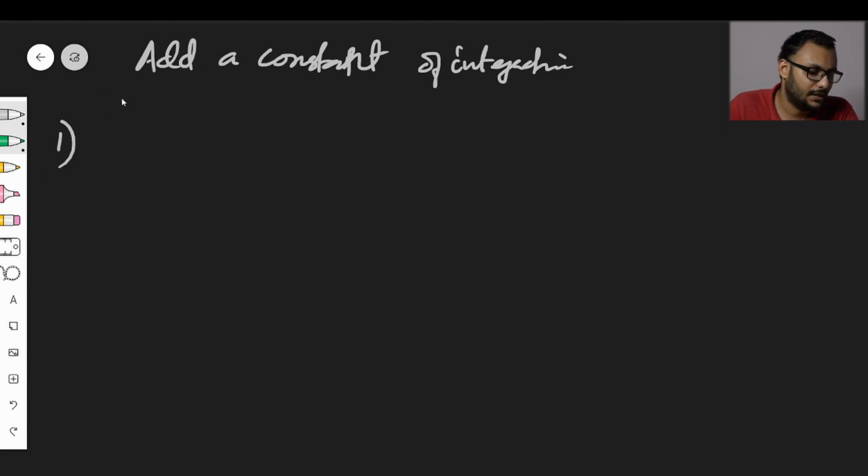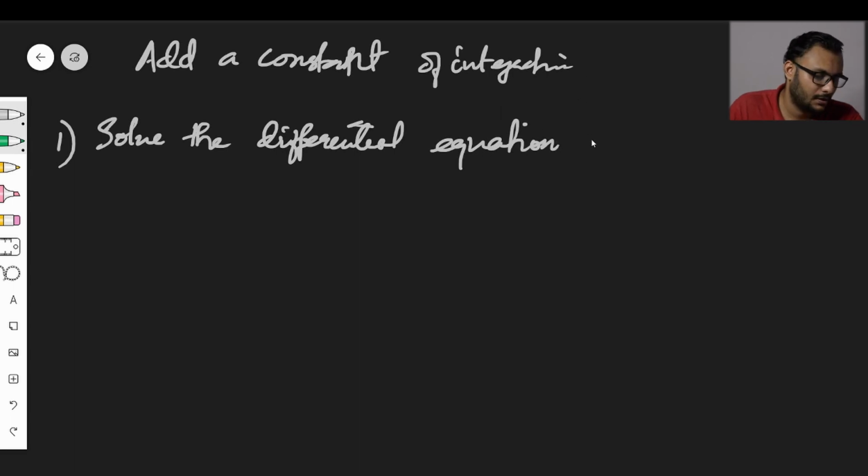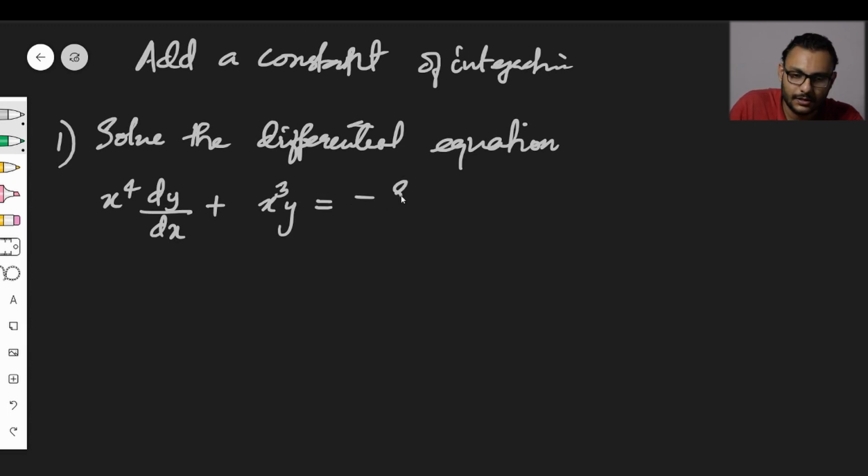The first question is: solve the differential equation x raised to 4 dy by dx plus x cube y equals minus sec xy.